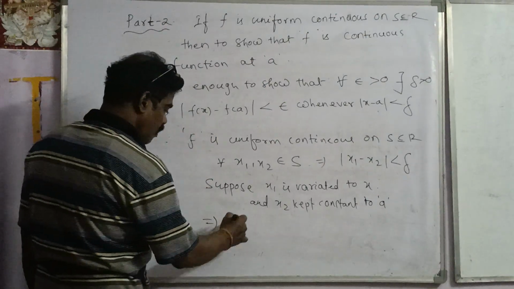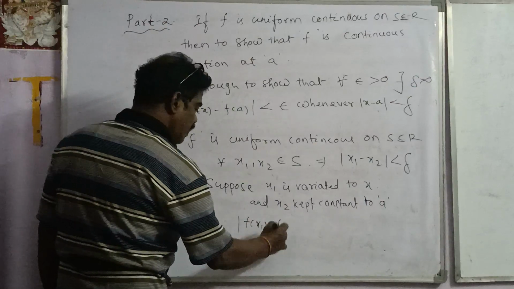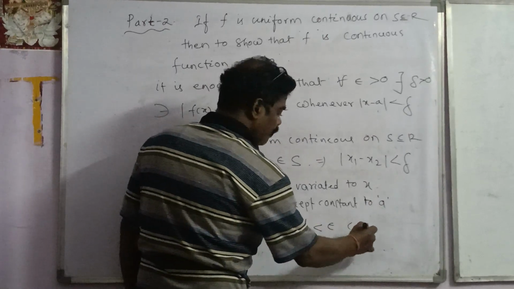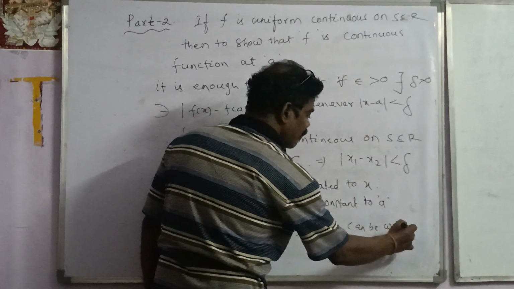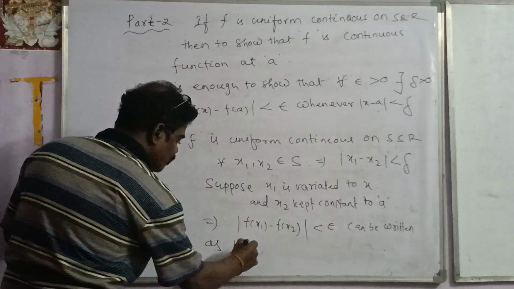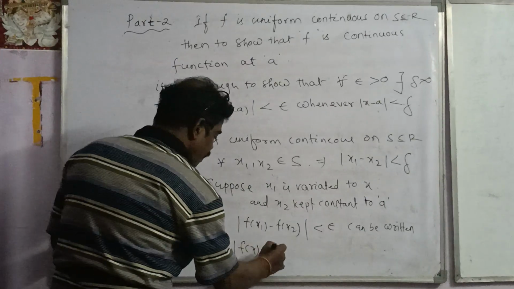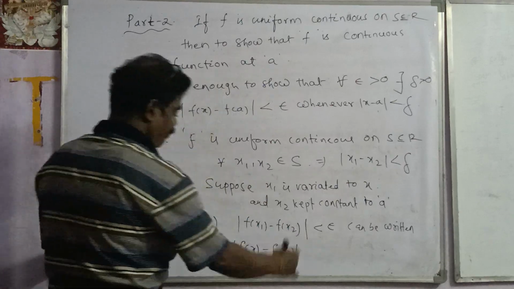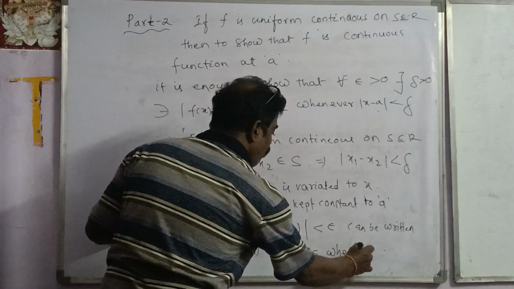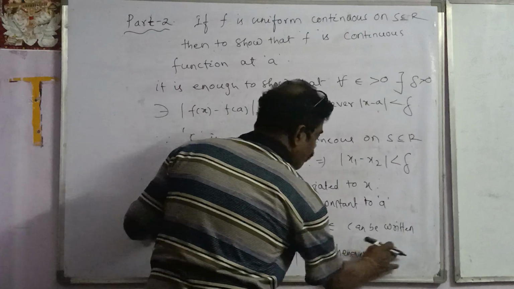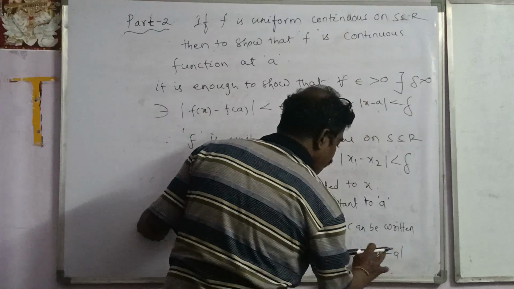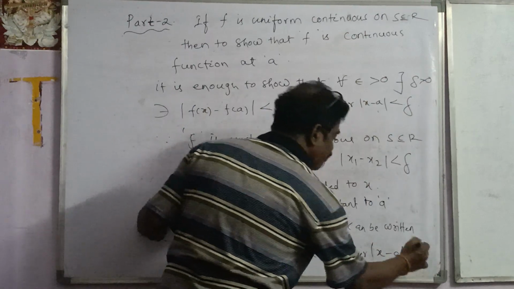This implies |f(x1) - f(x2)| < epsilon can be written as |f(x) - f(a)| < epsilon whenever |x1 - x2|, x1 means x, x2 means a, is less than delta.